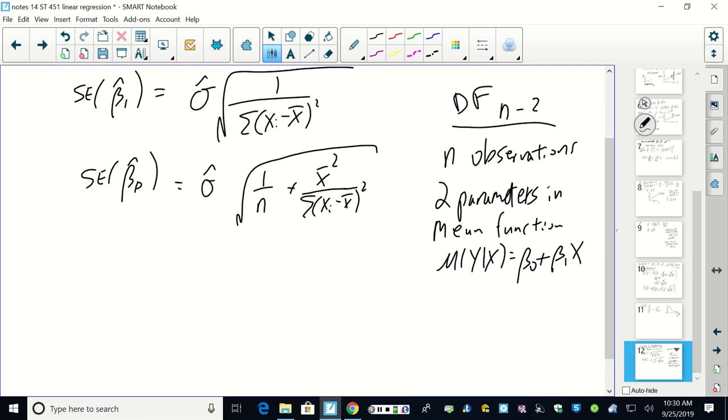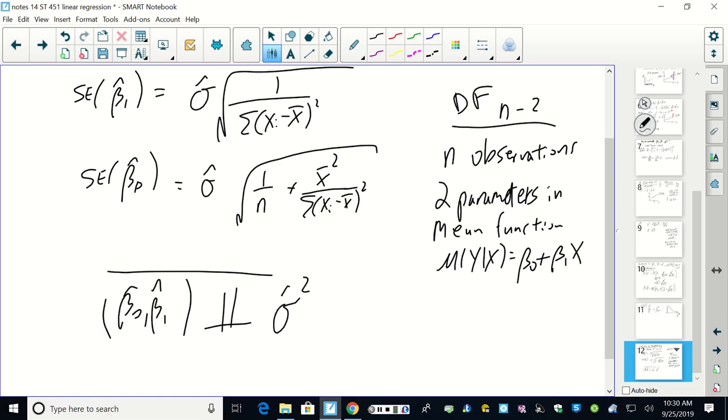Right, so normals divided by independent, from probability theory, these two things are actually independent. The intercept and slope estimates are not correlated with that variance, actually.